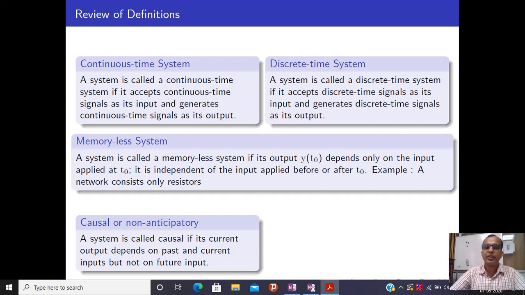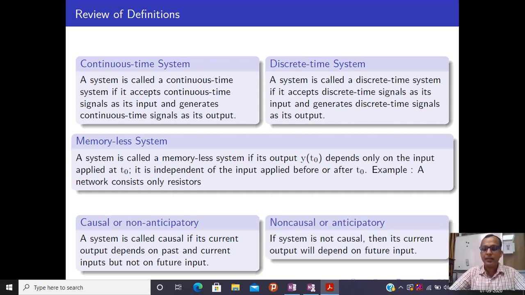So again I have two classes of systems with memory. One is called a causal or non-anticipatory system. A system is called causal if its current output depends on the past and current input but not on the future input. If the current output depends on the future input also, then it is called a non-causal or anticipatory system.